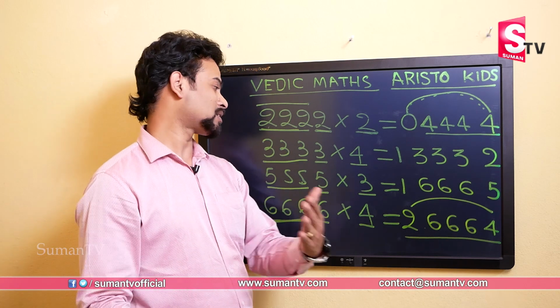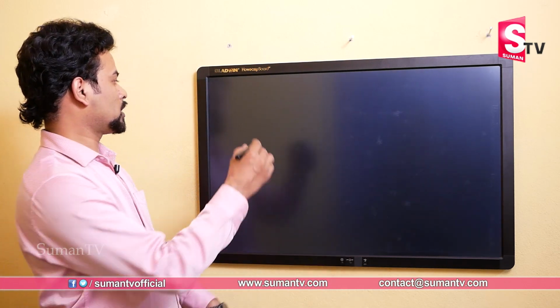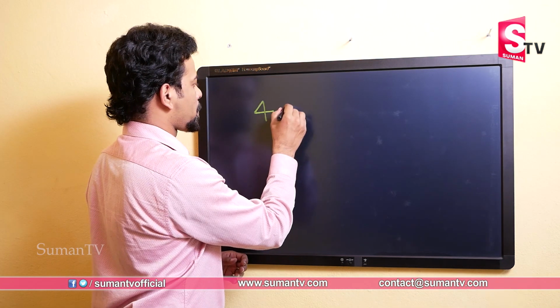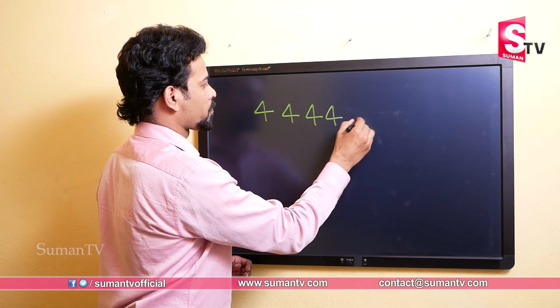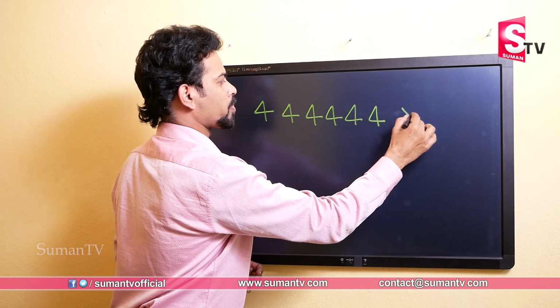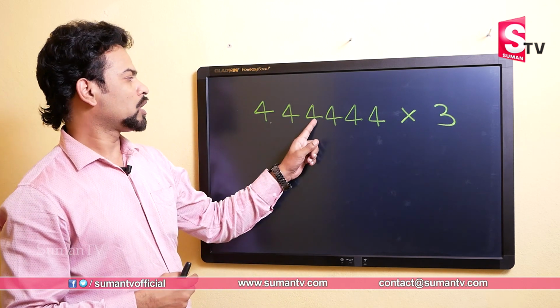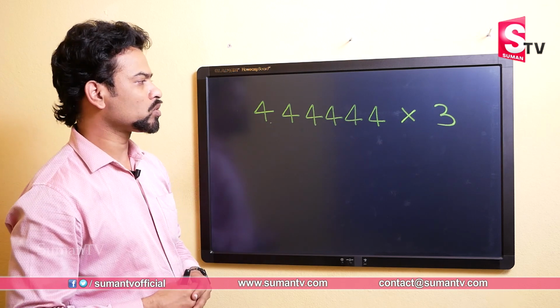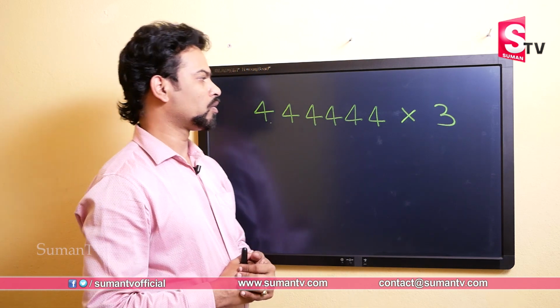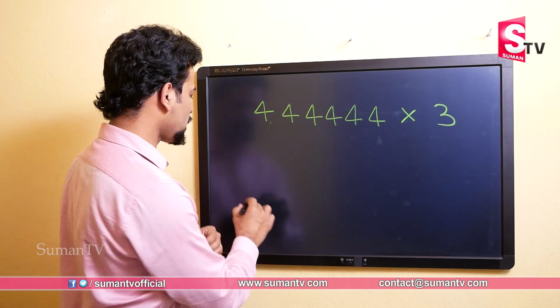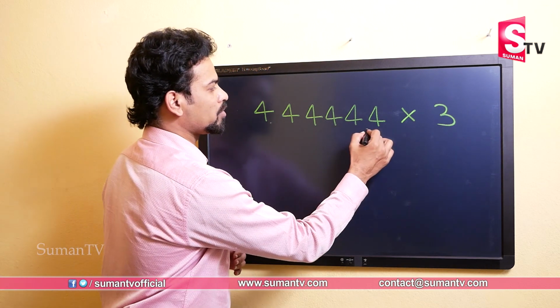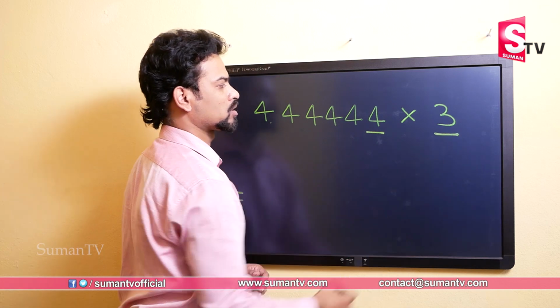Let's do some more examples on this. So this is a new example: 444444, six 4's, multiplied by 3. We will use the same trick here. We multiply this 4 with this 3.